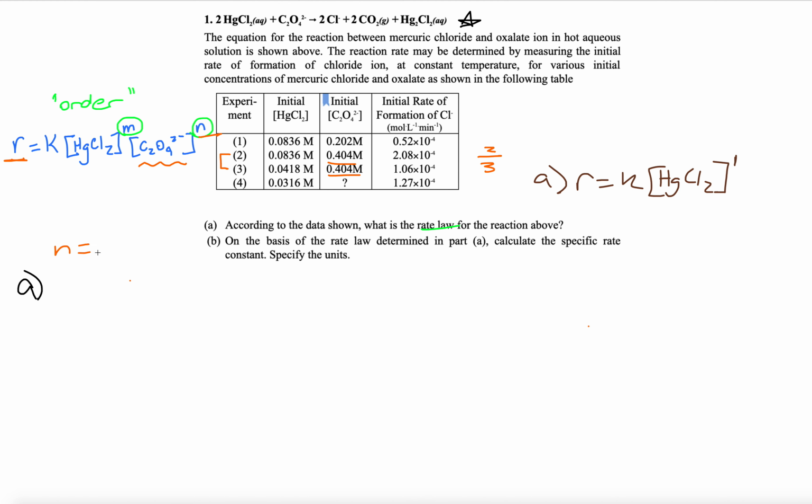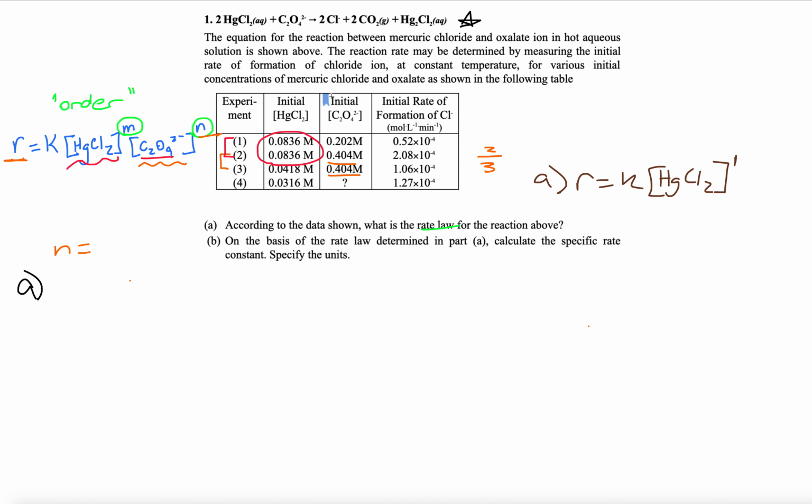And with that, I'm going to go a little bit faster because hopefully we understand. When we're trying to find the C2O4, that means this has to be canceled out. So what are the two experiments that when you divide one by the other, the concentration will be equal to 1? Anyone see it? Yeah, it would be experiments 1 and 2, where we just have 0.836 and 0.836.